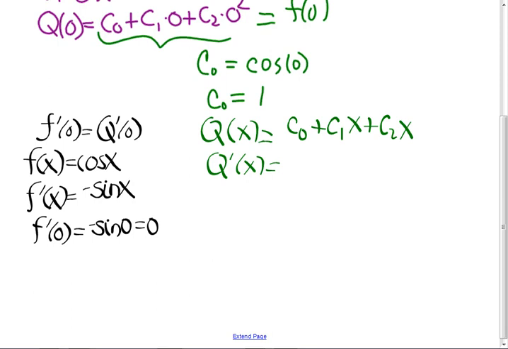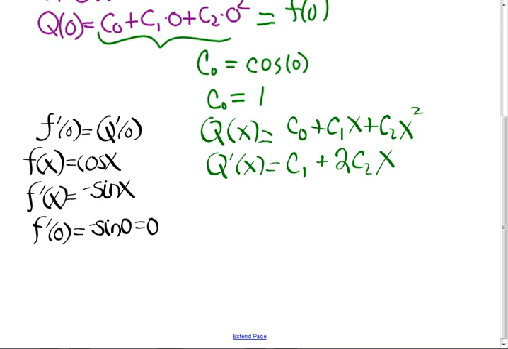What's the derivative of c0? What's the derivative of c1x? It's c1 plus 2c2x. Don't multiply these out. When you get into the higher order terms, don't multiply them out. Leave them as a multiplication problem, and you will see something happen.